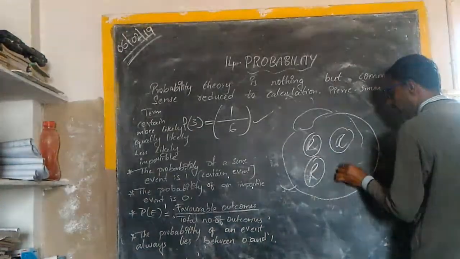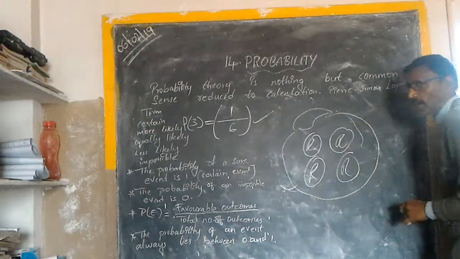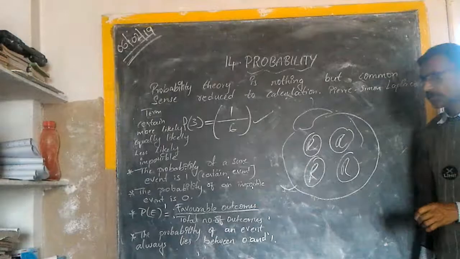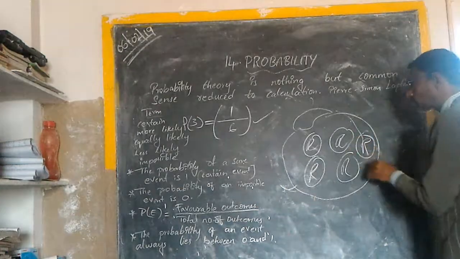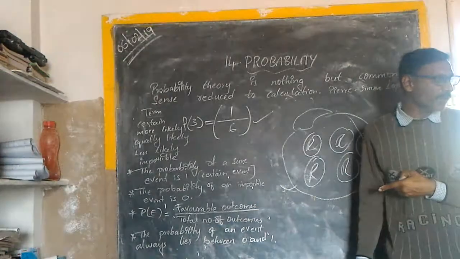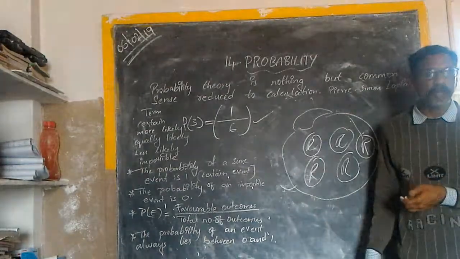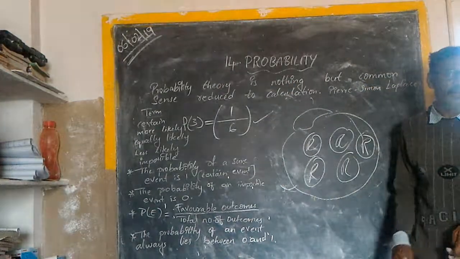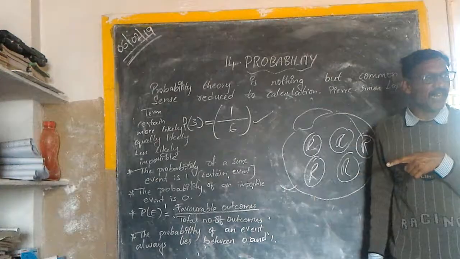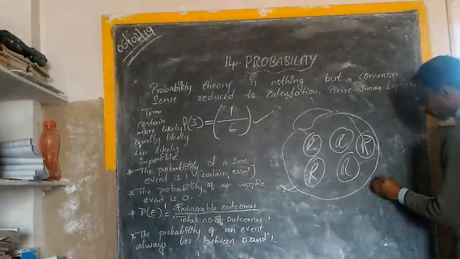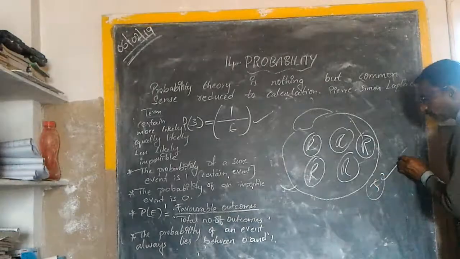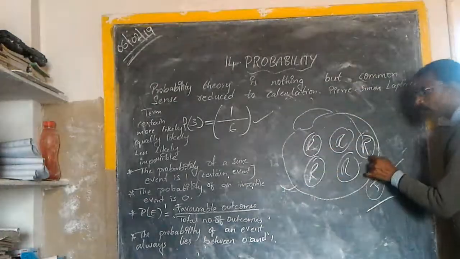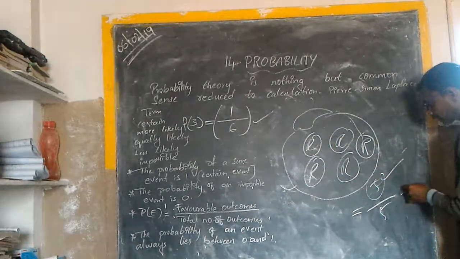I would like to take 5 red balls, so this bag contains 5 red balls. What is the probability of a red ball here? 5 chances we have. Total how many chances inside? 5. So 5 favorable outcomes, and the total number of outcomes is also 5. That is equal to 1.